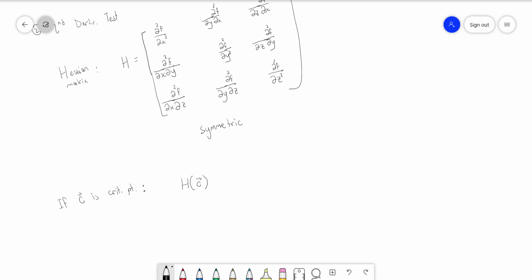If the Hessian evaluated at this critical point is positive definite, then your function will have a local minimum at this critical point. And instead, if the Hessian evaluated at the critical point was negative definite, then F would have a local maximum instead.